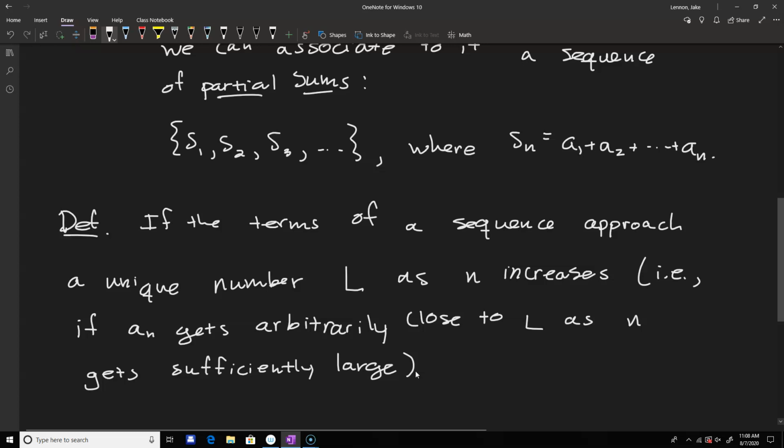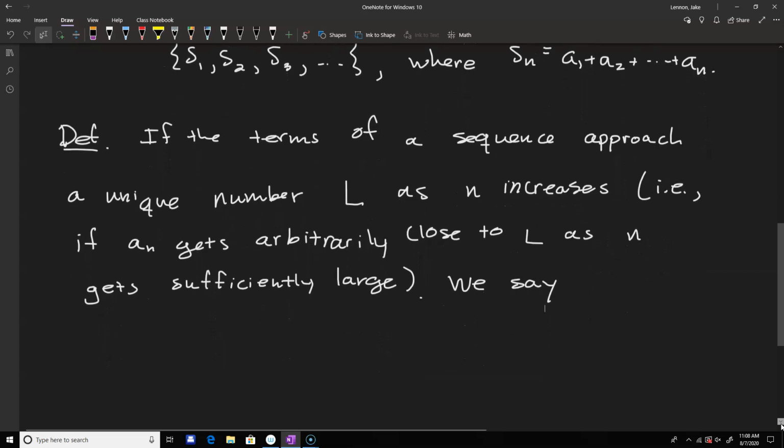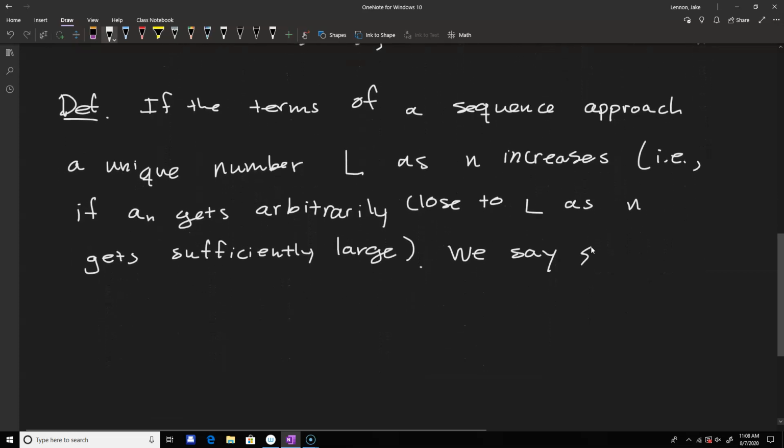That means if you give me some number, I can always take n larger such that my sequence will get closer to L than that boundary number that you've given me. So if this happens, we say the limit of a sub n as n goes to infinity is in fact L. So we say a sub n converges to L.